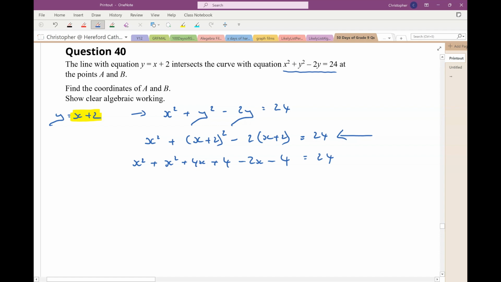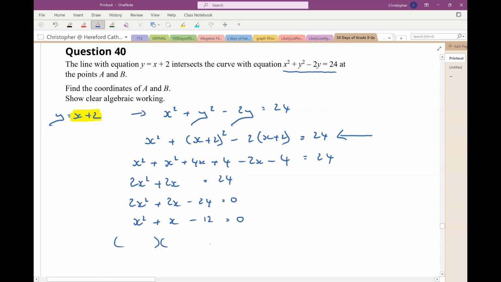Let's tidy up the left-hand side here. 2x squared, plus 4x minus 2x is plus 2x. And then I've got plus 4 minus 4, and that equals 24. Set this equal to 0: 2x squared plus 2x minus 24 equals 0. Divide by 2: x squared plus x minus 12 equals 0.